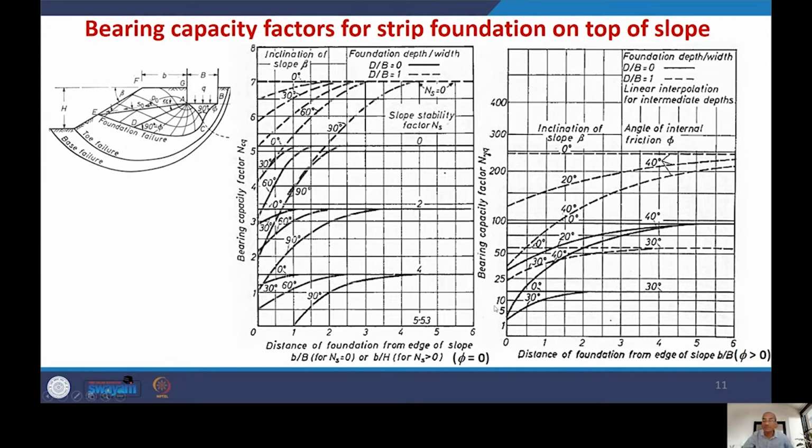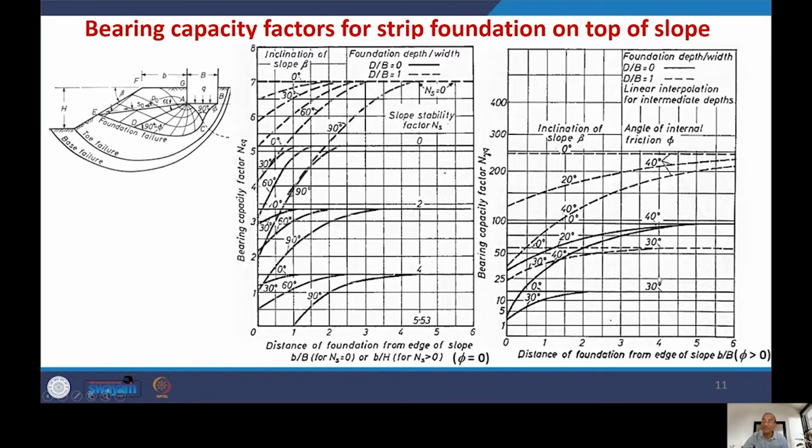Now coming to the second part, that is N gamma Q. Again, the y-axis you can see is on the log scale, while the distance of the foundation from the edge of the slope has been put in terms of the ratio b by B, and you have here inclination of slope beta and angle of internal friction phi. You have 30 degree and 40 degree as angle of internal friction, while inclination of slope is given here, that is 0 degree, 20 degree.